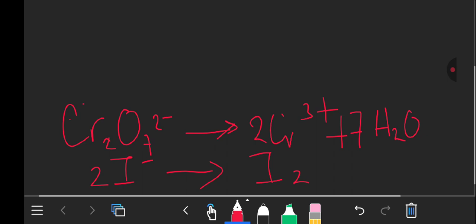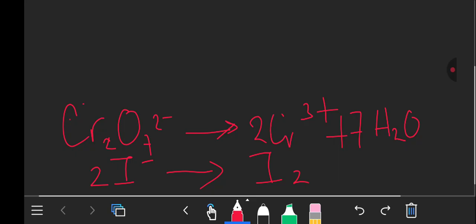Then we can see that when we added 7 molecules of water on the product side, the number of hydrogen atoms has increased. So we have 7 times 2, that is 14 hydrogen. I said that to balance hydrogen in a redox reaction, we simply add hydrogen ion.